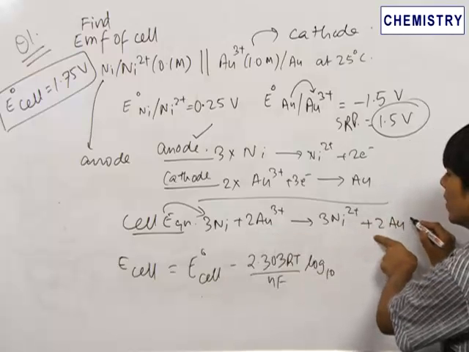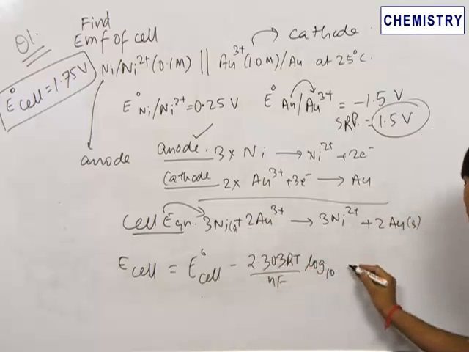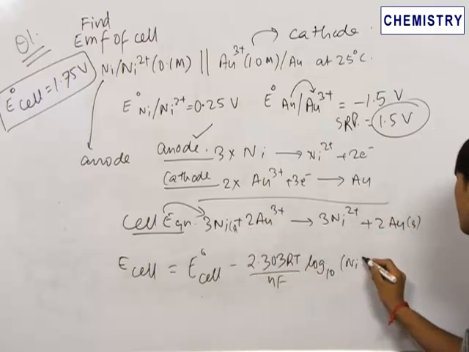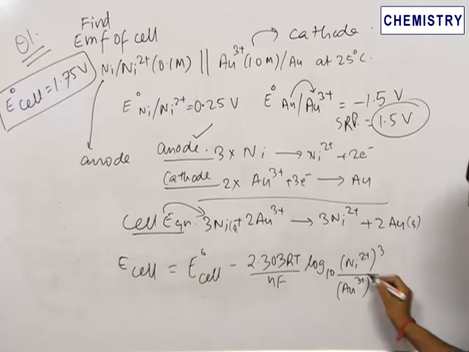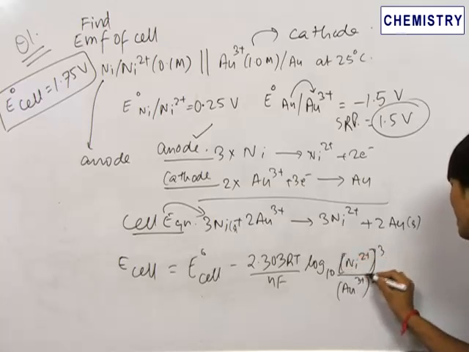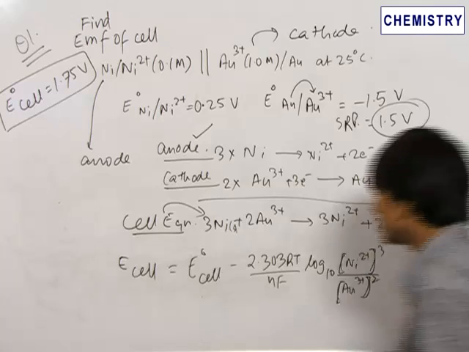Now since these are in solid state, we need not write their concentrations, which is constant. Therefore this will be nickel 2+ whole cube upon gold 3+ whole square. This is concentration of nickel 2+ and this is concentration of gold 3+.